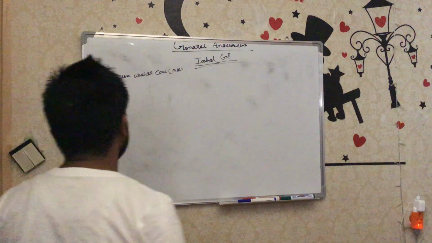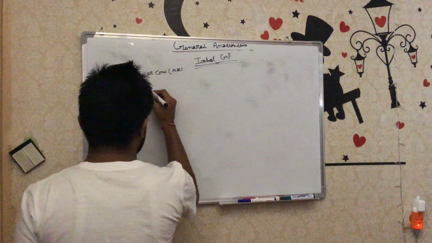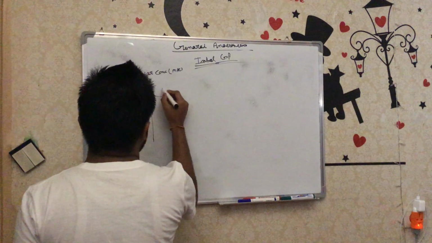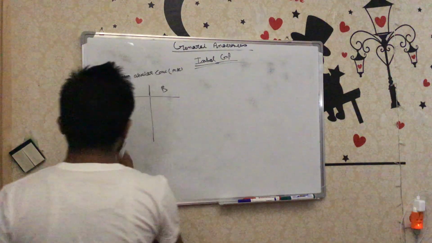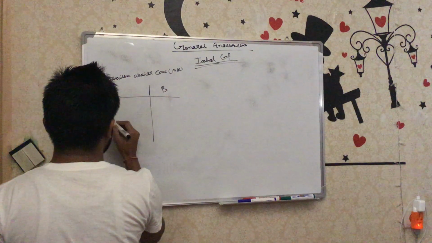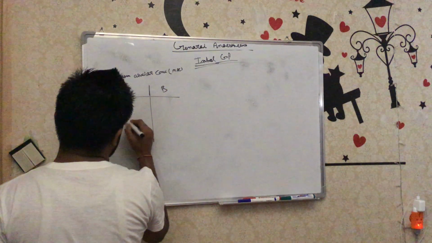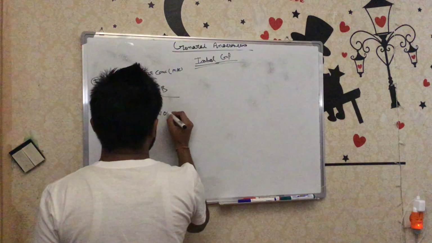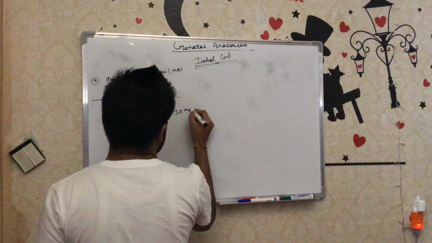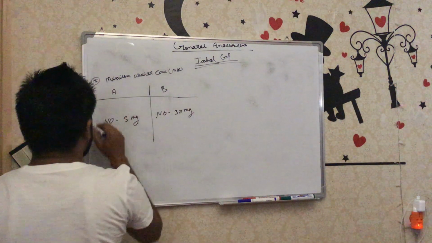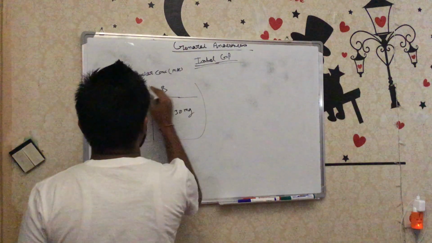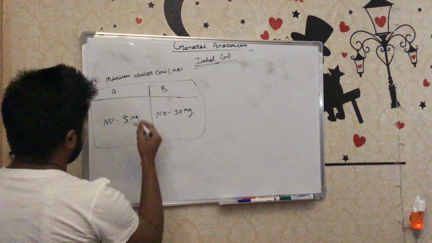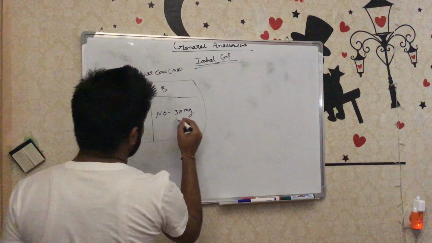What is the minimum alveolar concentration? How will you understand? Let's give an example. Here is patient A and here is patient B. You give a drug, say nitrous oxide, 5 mg to patient A and 30 mg to patient B. After giving it, you see that even at 5 mg patient A becomes anesthetized, and patient B becomes anesthetized after you give 30 mg.